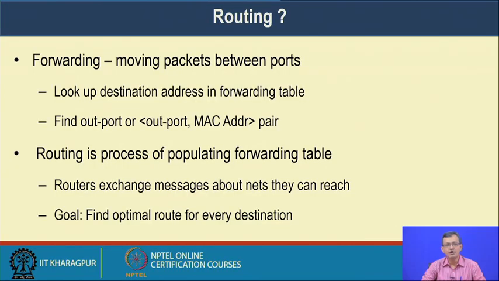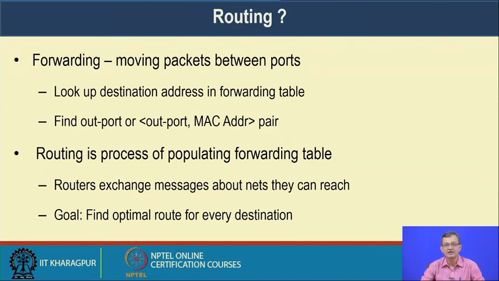So, look up the destination address in the forwarding table. As you remember from the last lecture, routers maintain a routing table. If a router gets a packet for a particular destination, it forwards the packet to a particular path, port or next destination.